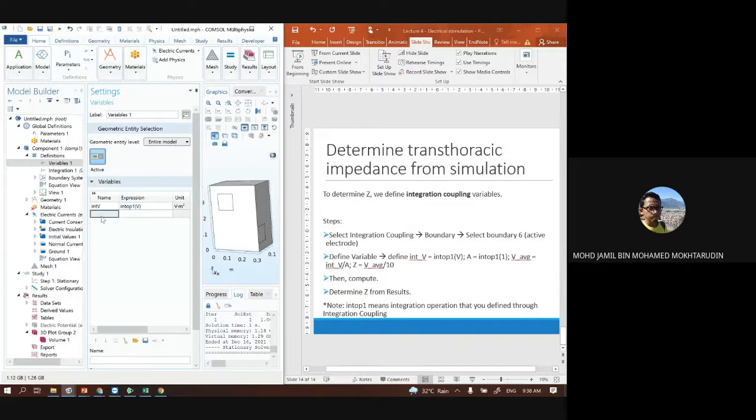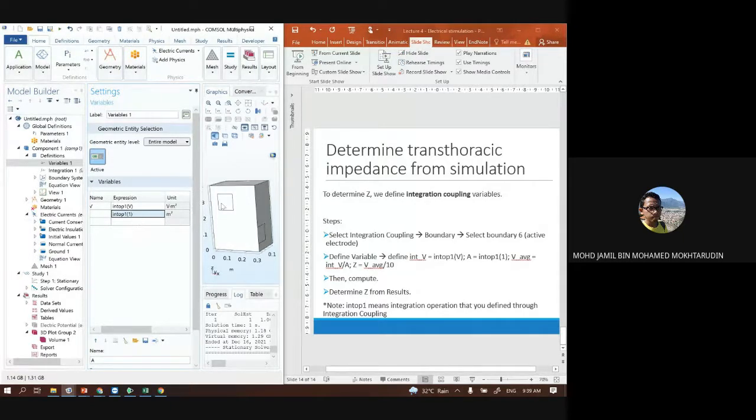And then you want to find the area of this electrode, A. To find the area, you just integrate inside the electrode the value 1. When you integrate value 1, you get the area. This is mathematics, I don't know how to explain it, maybe you have not learned it.